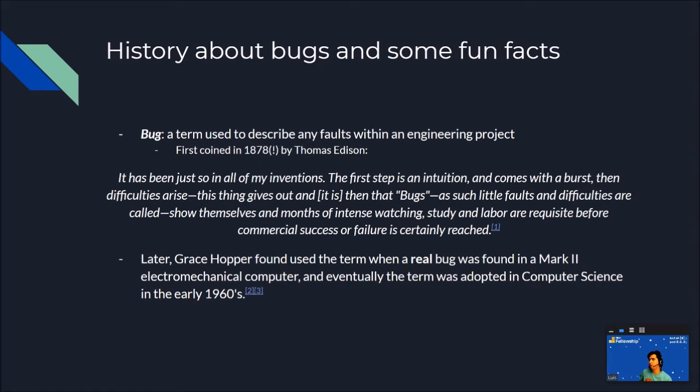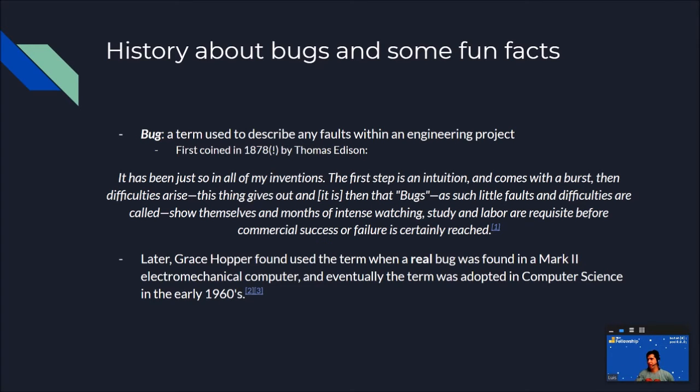The term bug is used to describe any faults within an engineering project. It could be in computer science, or across the full threshold. Here I just quoted Thomas Edison in 1878, almost 150 years ago.